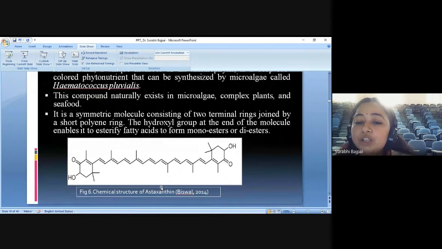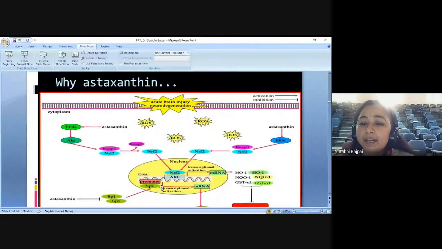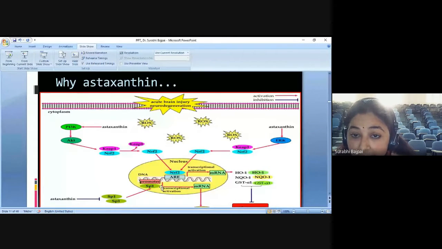So with this clarity, we also looked at the mechanism of why astaxanthin works so beautifully in consuming these ROS. Acute brain injury or neurodegeneration in many diseases is due to ROS generation within the milieu of the neurons in the brain.